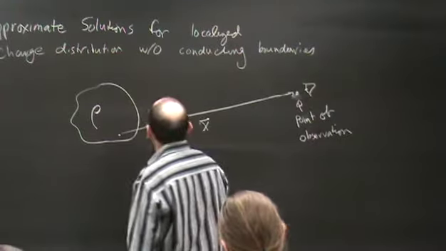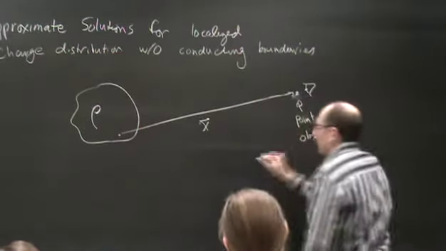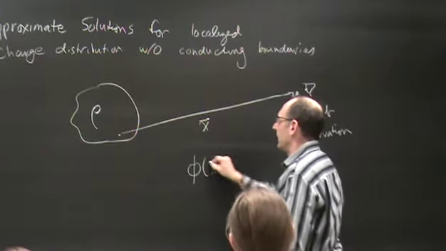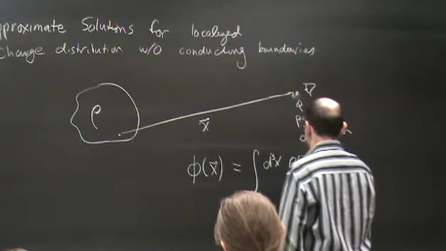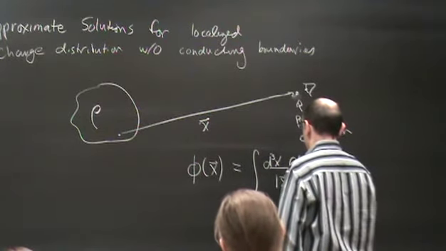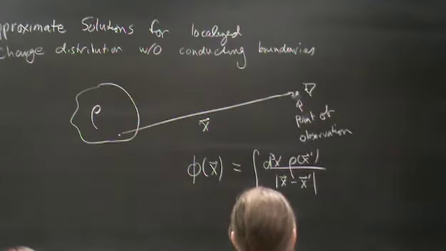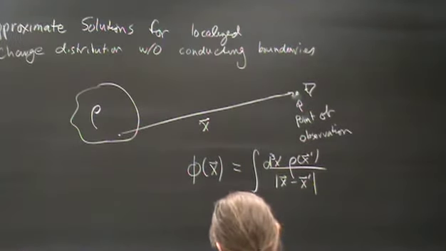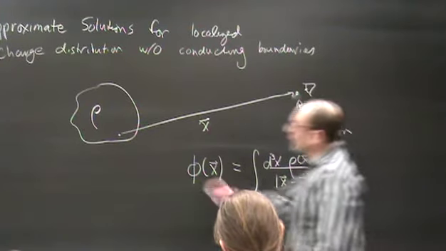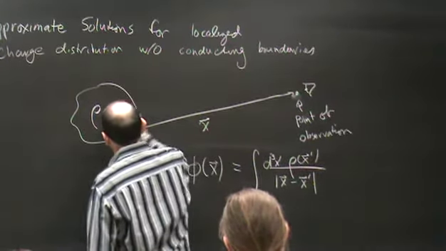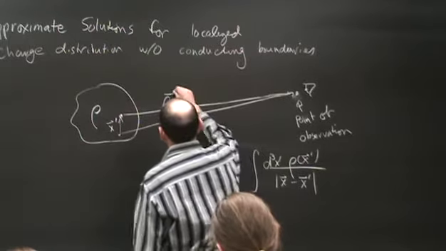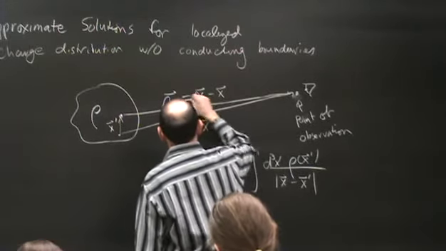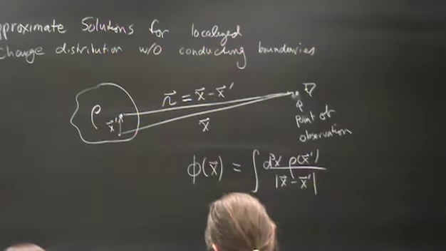And I want to know what is the potential and then the field associated with this charge distribution. Well, we know what it is as a general rule. We have the simple solution: integrate over all space. Each little chunk is located at some x prime, and we have script r, the distance between the source point and the point of observation. Okay?